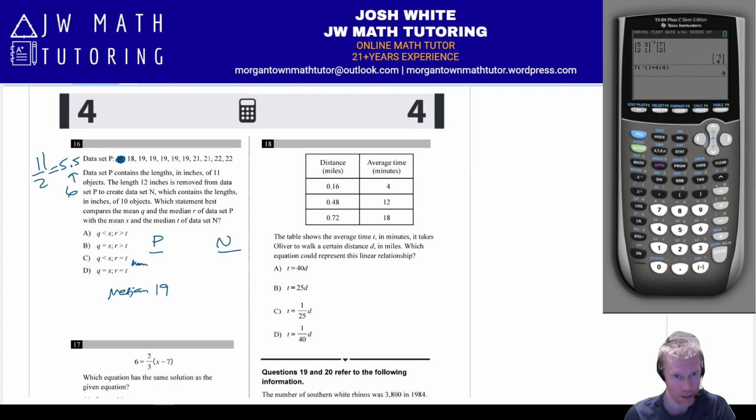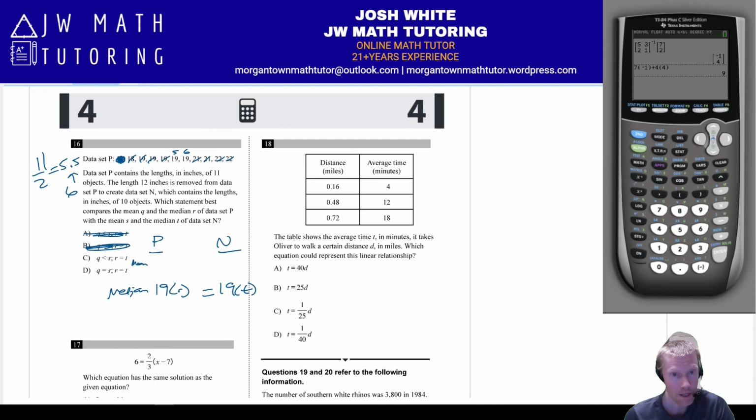If we count, it's 1, 2, 3, 4, this is the fifth, this is the sixth, and over here 1, 2, 3, 4. So the average of 19 and 19 is still 19. So the median for N is going to be 19 as well. Notice the median is r for the first one and t for the second one. So now we know that r is equal to t. So right off the bat, A is out, B is out.